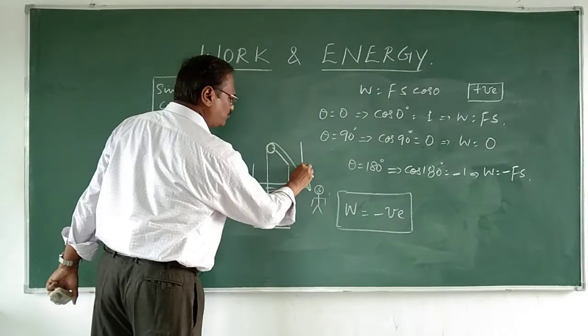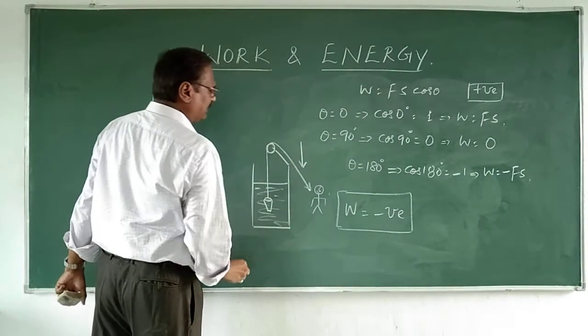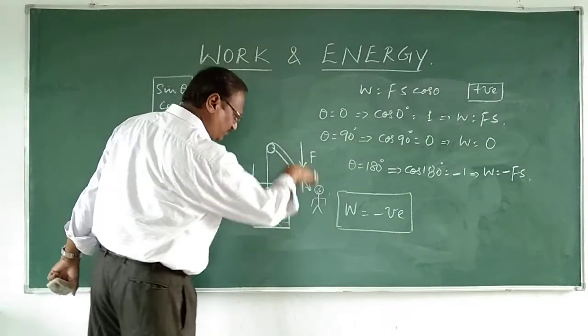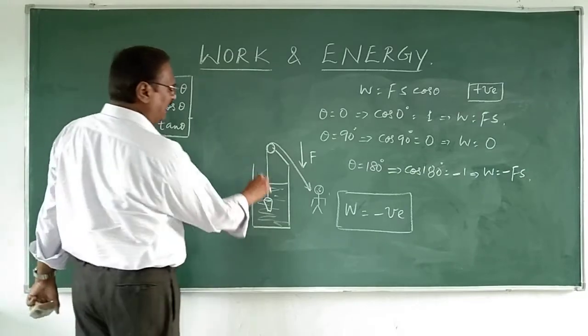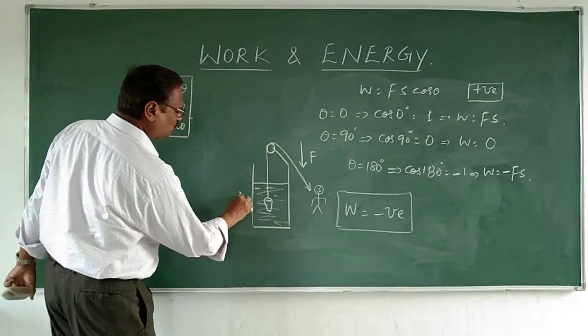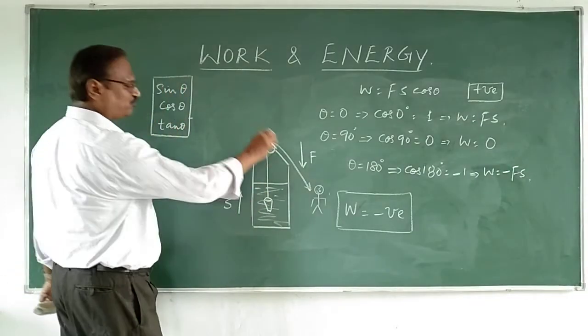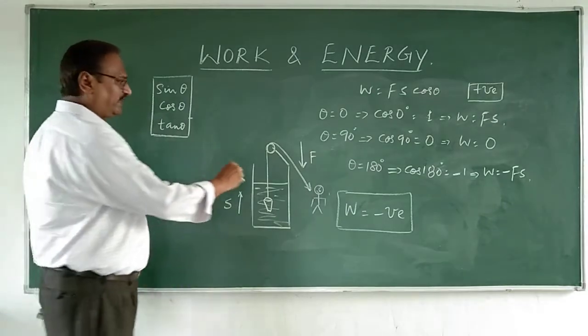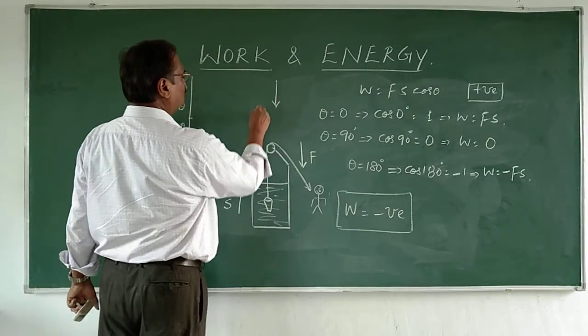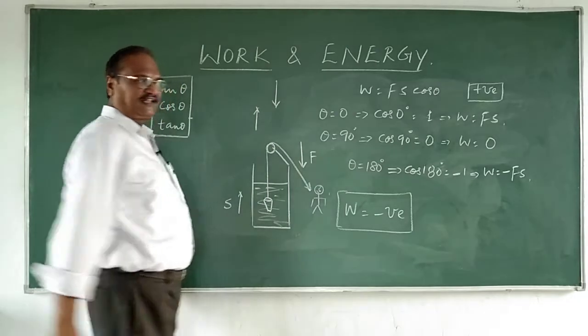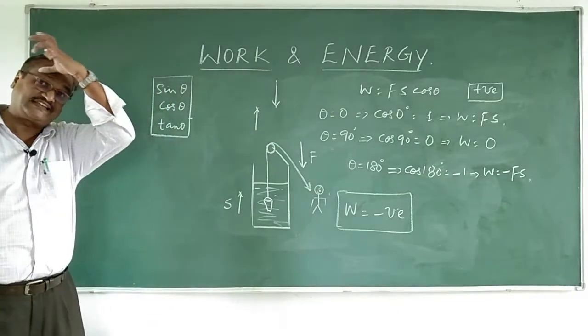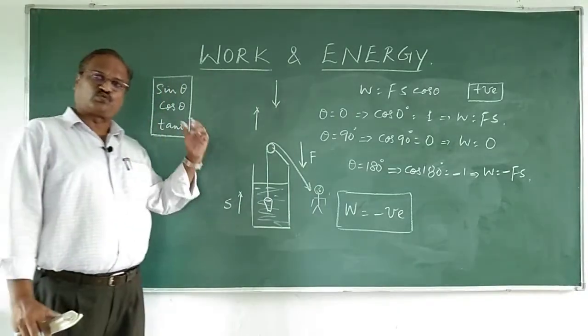As you pull the string like this, that is the force you apply, which is in the downward direction, and the object is going up, displacement is in the opposite direction. Where the force and displacement are in the opposite direction, in such cases, we call it negative work.